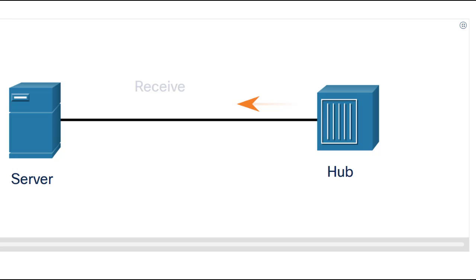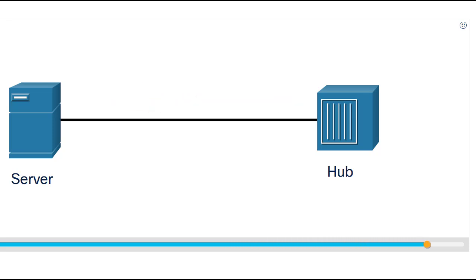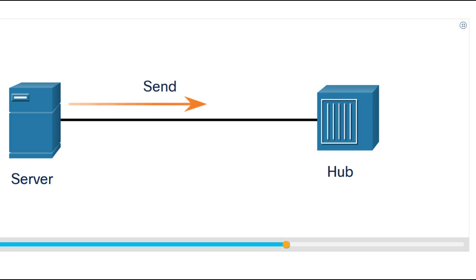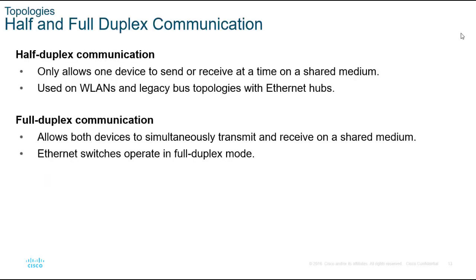Only one device can transmit or receive at a time. Legacy bus topologies using Ethernet hubs use half-duplex, such as shown in the animation. Another more modern-day example of half-duplex communication would be wireless LANs or WLANs.